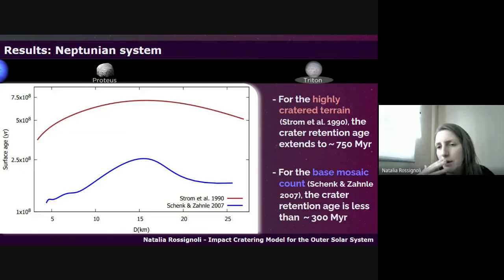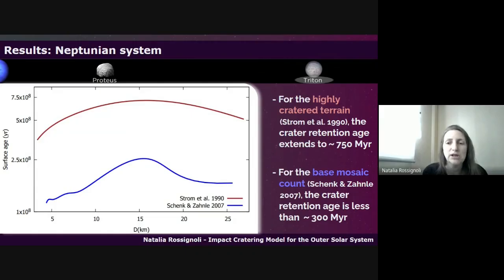We have checked this with other publications on the surface age of Triton, and they give similar ages. So with this kind of constraint, you can say that Triton in its current orbit has been there for 300 million years or less without resurfacing processes that can affect the larger satellites.